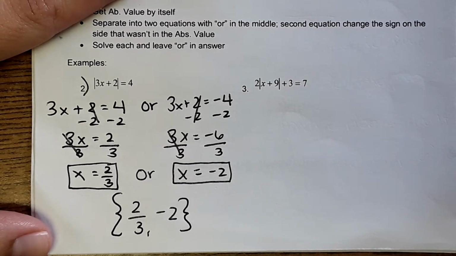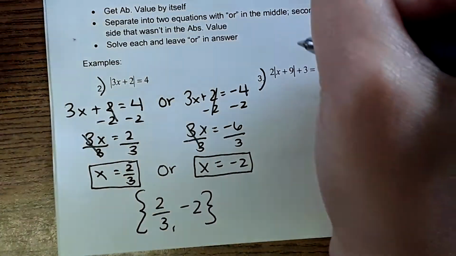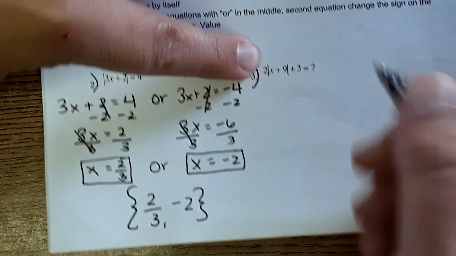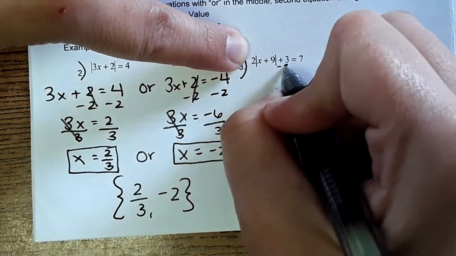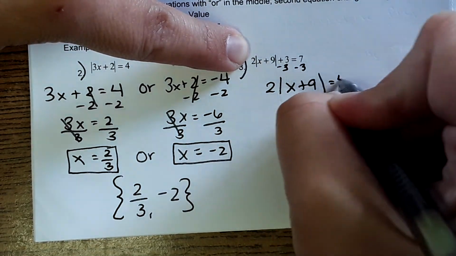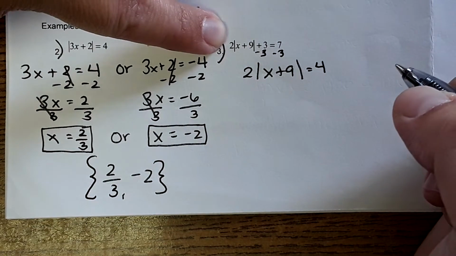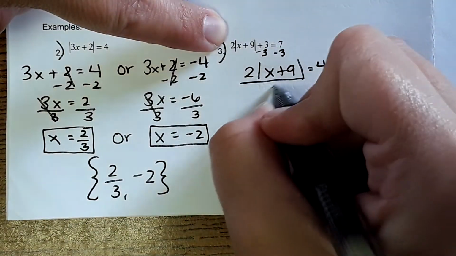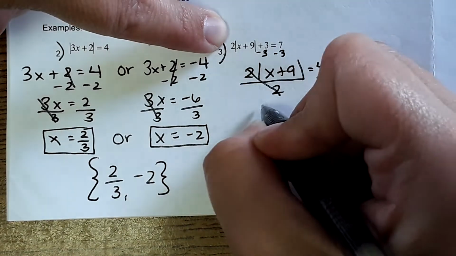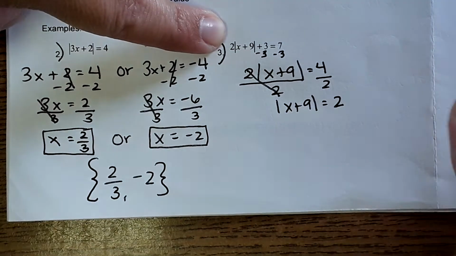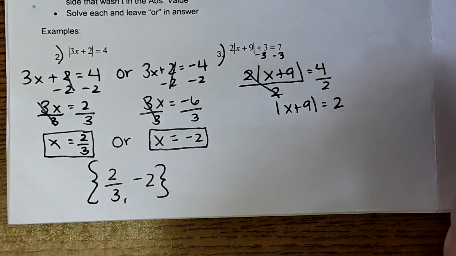Yeah. Okay, so number 3, we're going to do the same thing, but before we do that, we have to get the absolute value by itself on one side of the equation. So subtract 3 from both sides. Then I'm going to divide both sides by 2. I get the absolute value of x plus 9 equals 2.